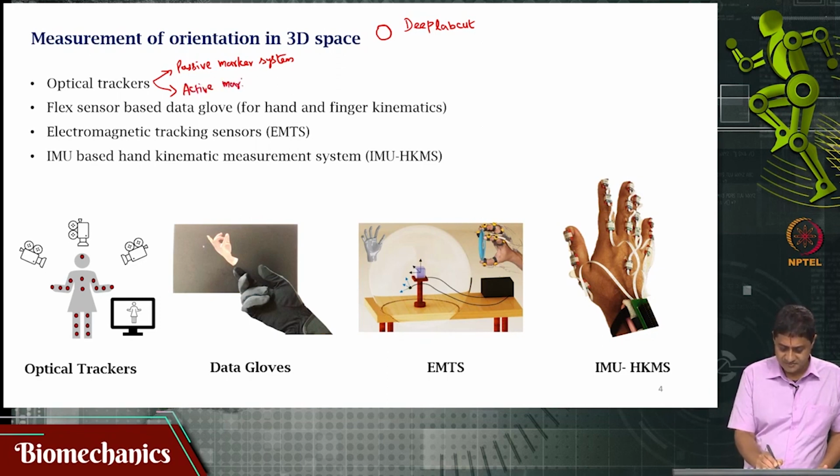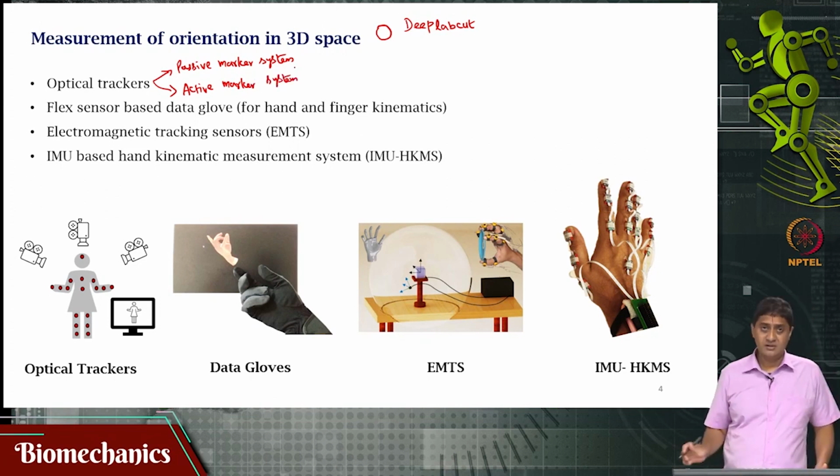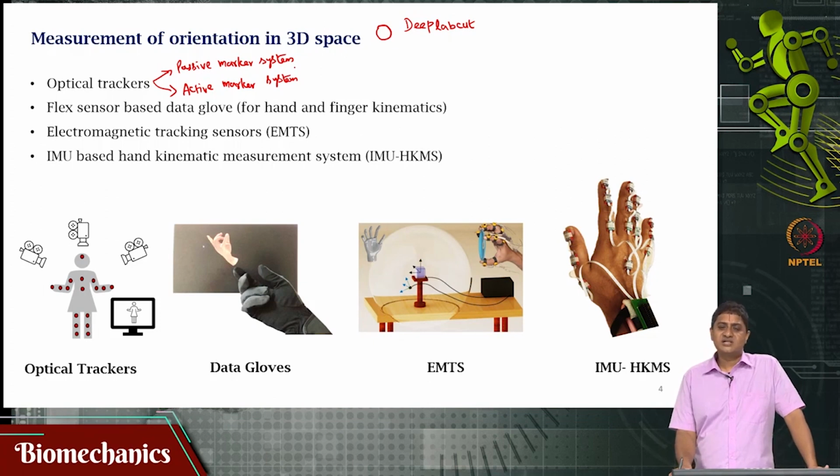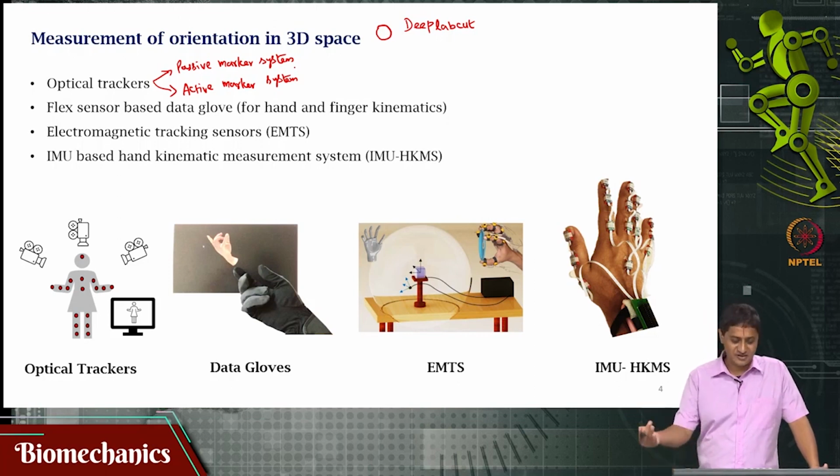What is the difference? Well, the difference is that passive markers, the system is passive, active marker, the system is active. Well, you will have to define a little bit more than that, right?